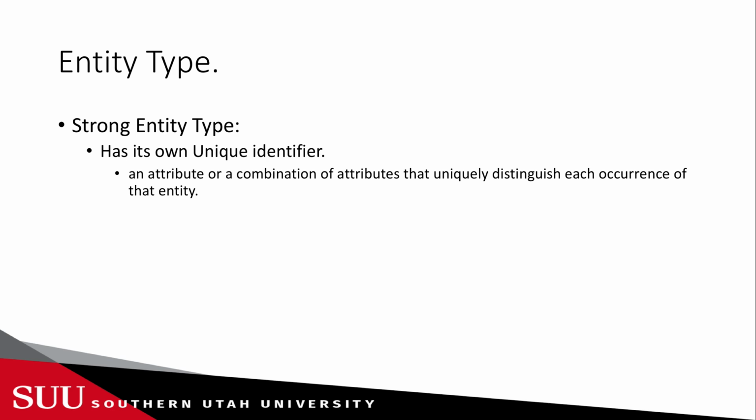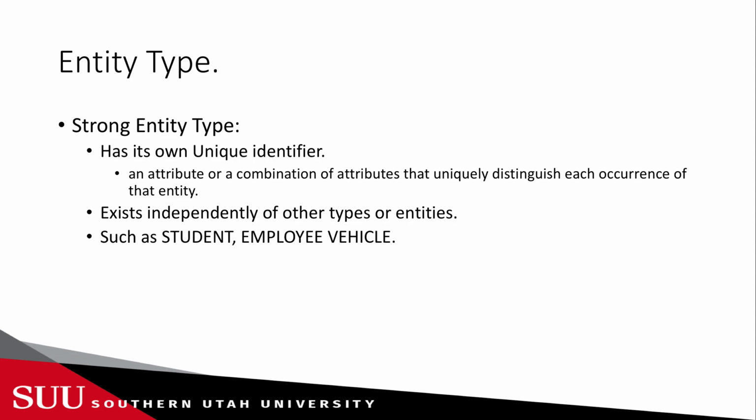So for example, if I say my entity type is student, the unique identifier for student is going to be student ID, for example, because we will have a unique student ID for every instance in that entity type. This will exist independently of other types or entities. Examples: student, employee, vehicle, all of those can exist in the database without the need of another entity to rely on.